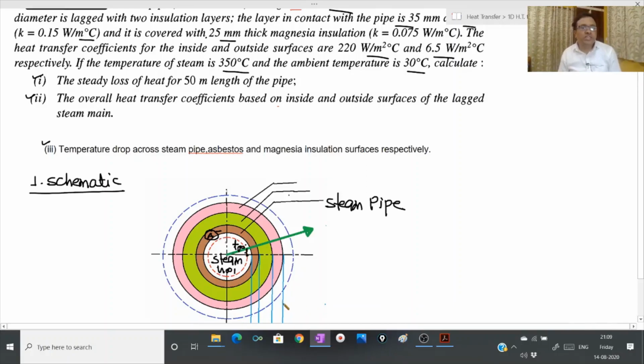And the steam is represented by red color circle. Then this steam is covered with asbestos insulation represented by B.